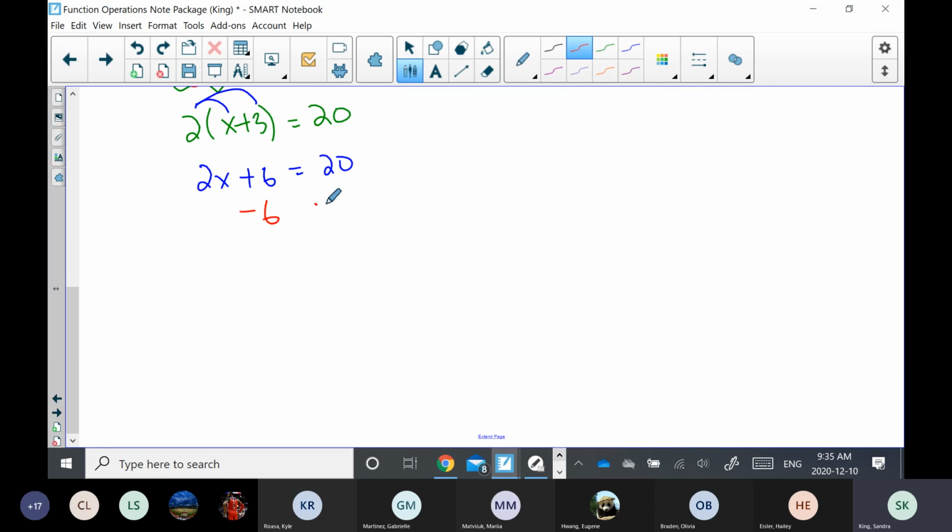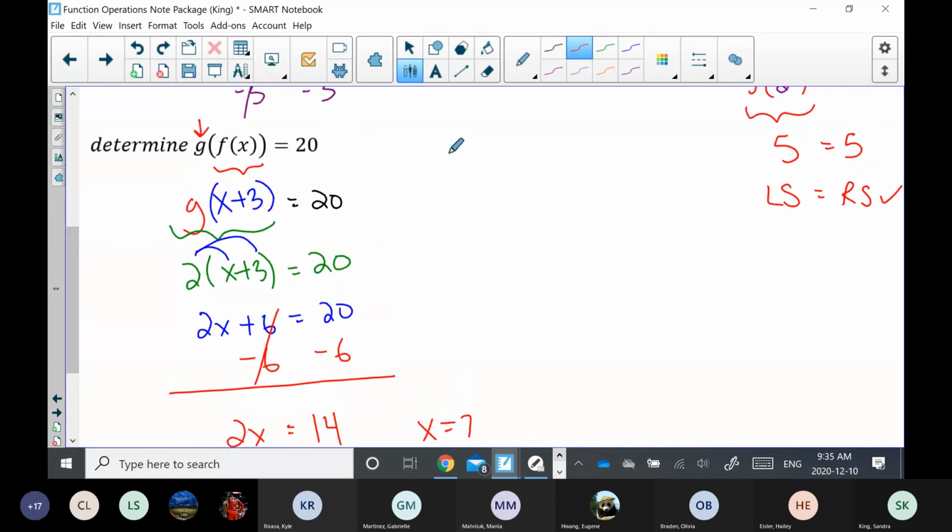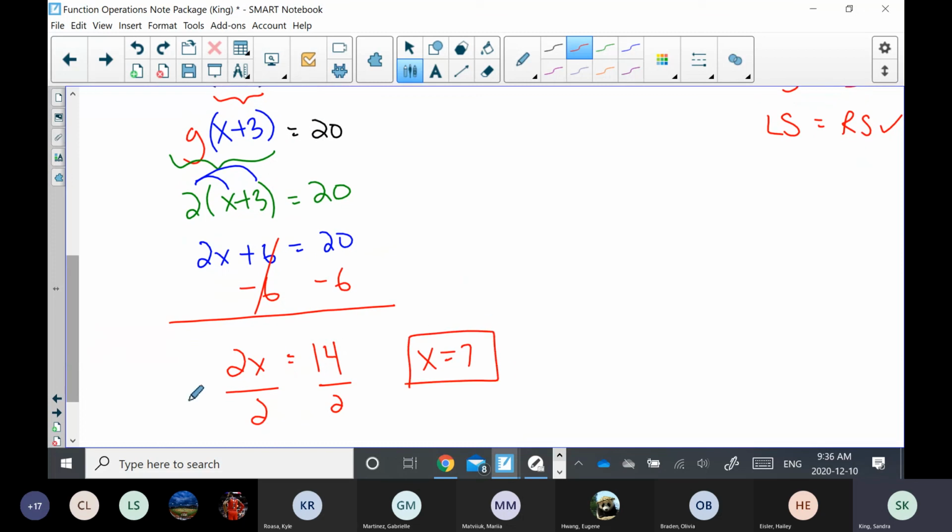Subtract 6 from both sides. And divide by 2. We're getting x is equal to 7, which is the final answer.